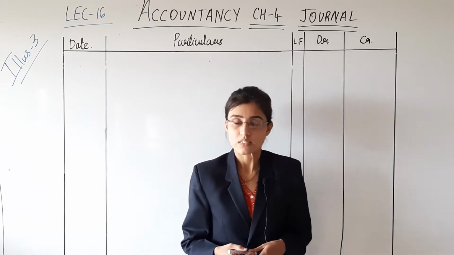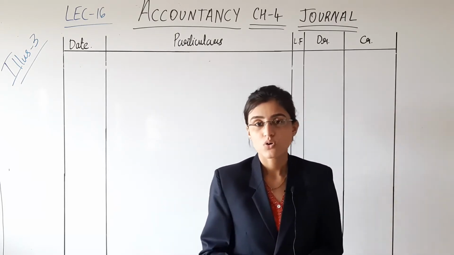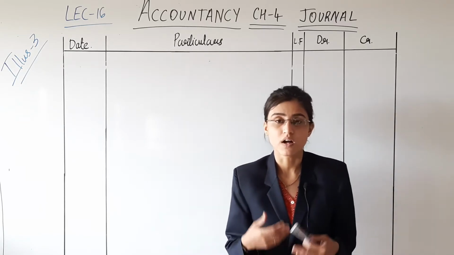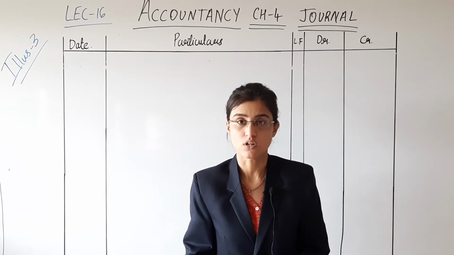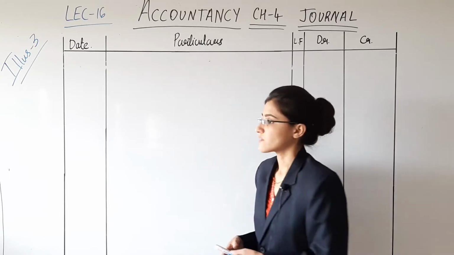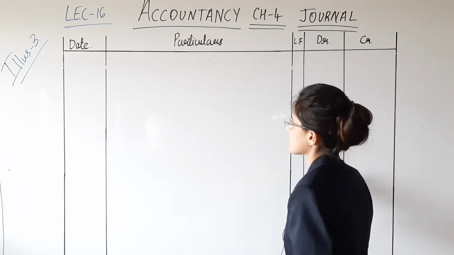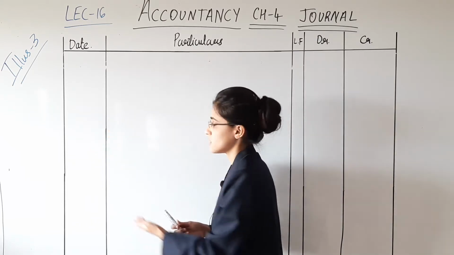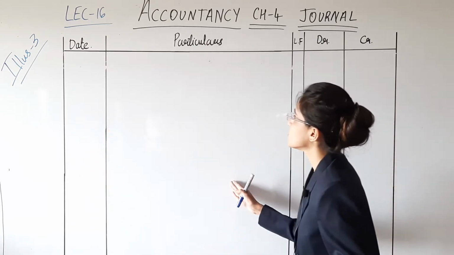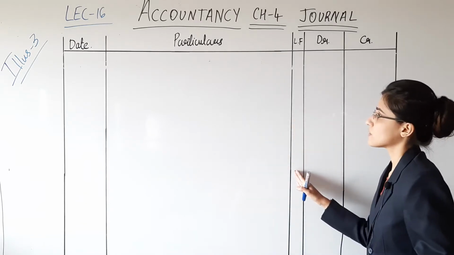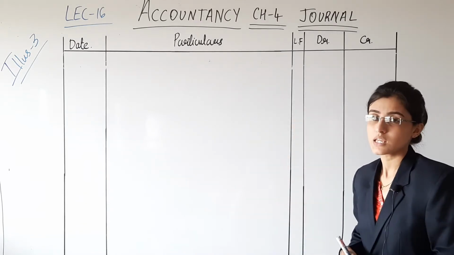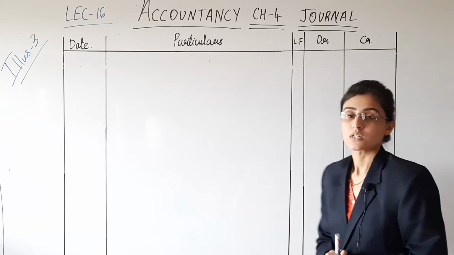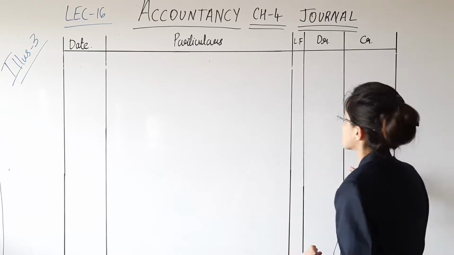Illustration 1 was simple. I have also explained about narration, what is narration. We have understood about the specimen of journal, that it is having these columns. The very first column is date, then particulars, ledger folio number in which you are not writing anything for now, then is the column for debit and credit.